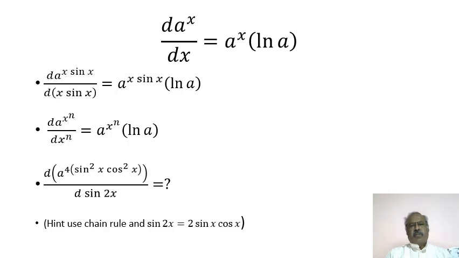So the first derivative will be a raised to sine square 2x, log a, times the derivative of sine square of 2x with respect to sine 2x, which will be equal to 2 times sine 2x.